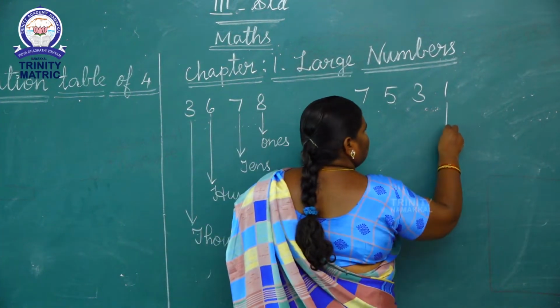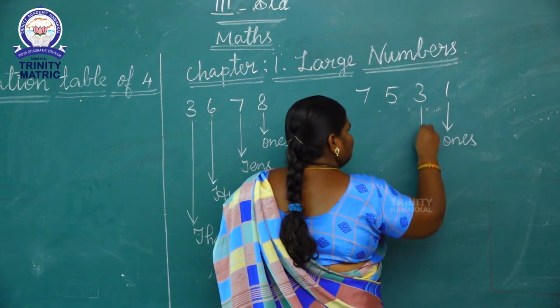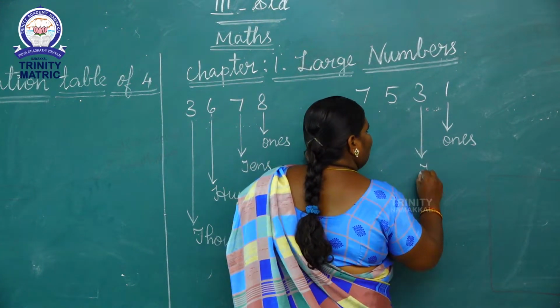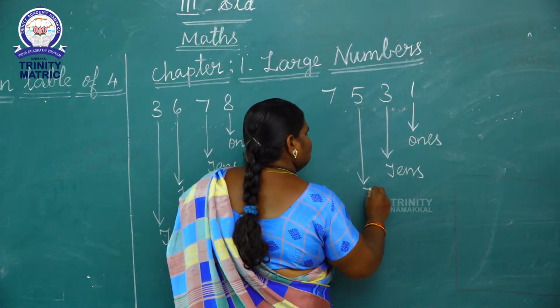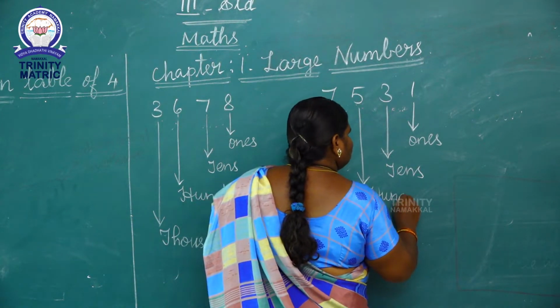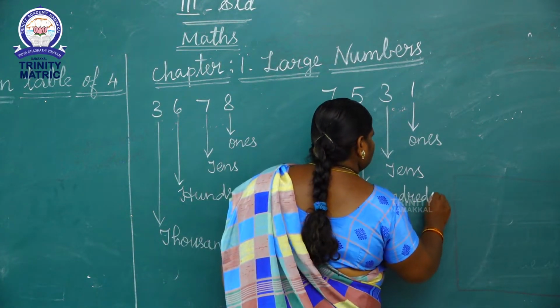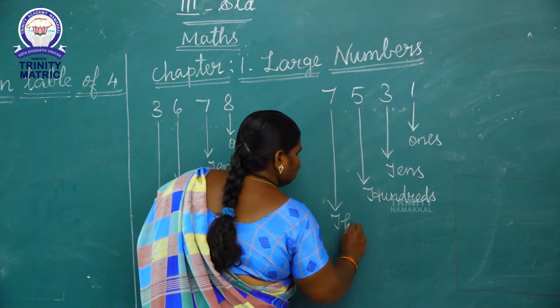Okay, what is the place value? Ones place. Next, tens place. Next, hundreds place. Next, thousand place.